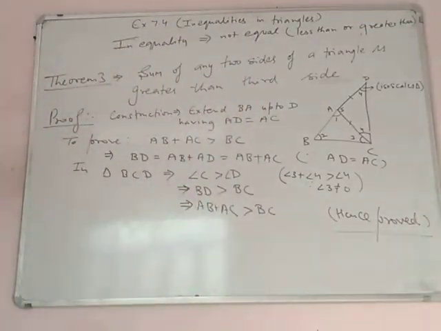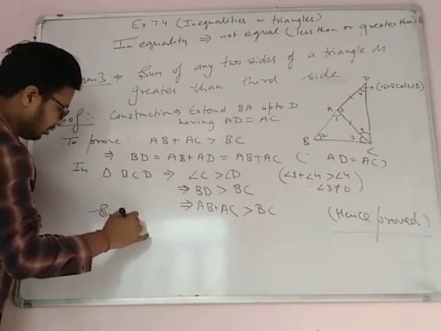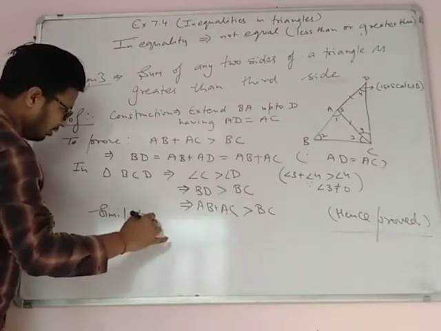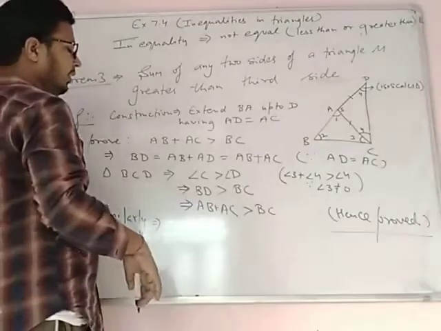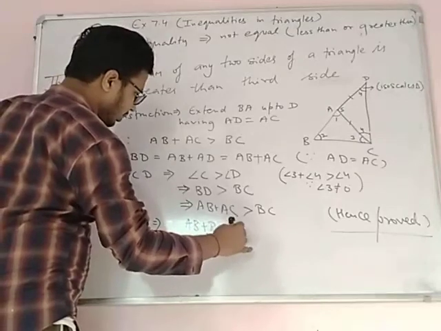Yes. It's a simple one, that sum of any two sides of a triangle is greater than third side. That we have proved. Similarly, we can prove that AB plus BC is greater than AC.